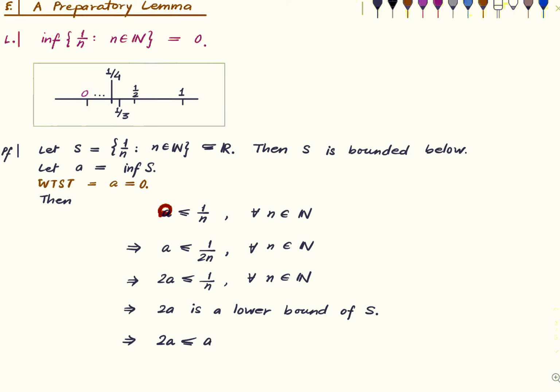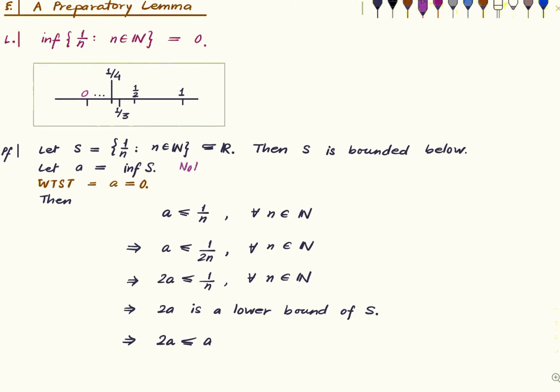This was the greatest lower bound, which led us to the conclusion that twice of it is also a lower bound. But since this is the greatest lower bound, it will be dominating every other lower bound. So we have that.